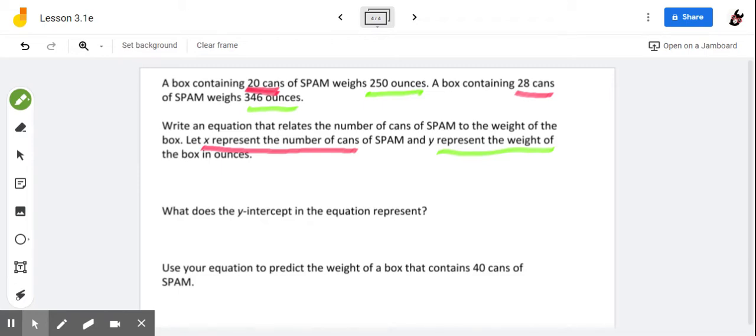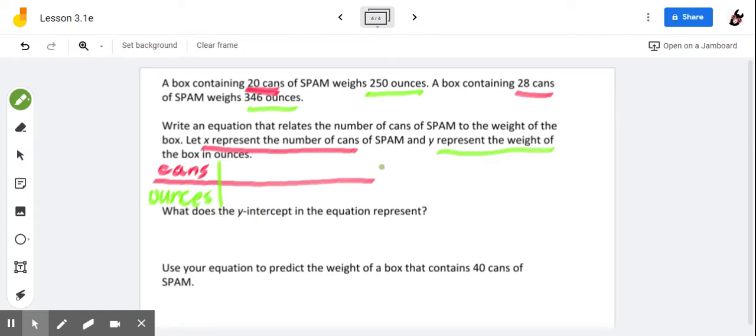You can think about it in a table. So you could think about the fact that you have your X. That X is your cans. And that Y is your ounces.